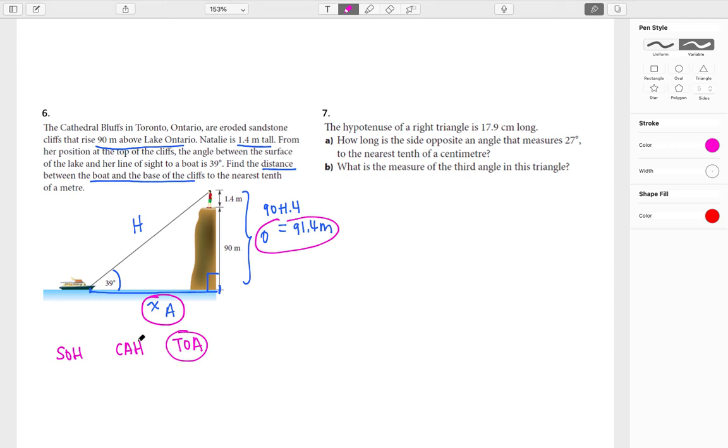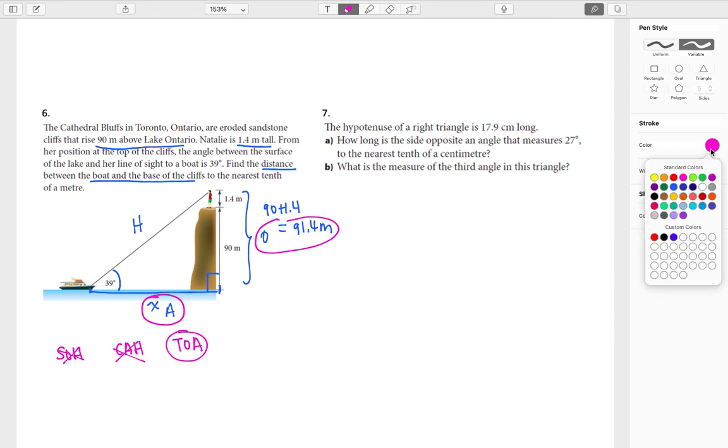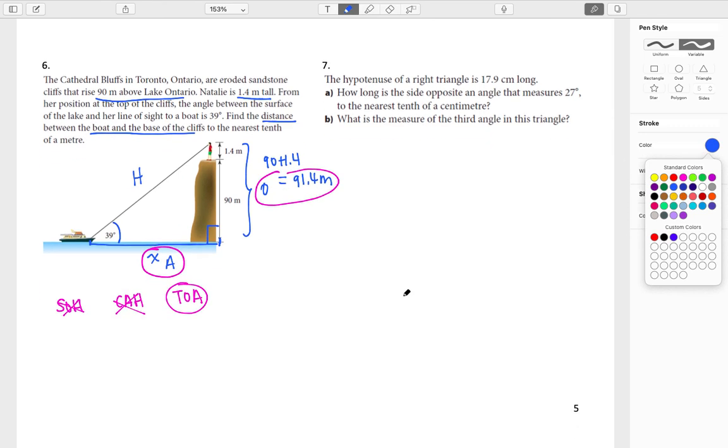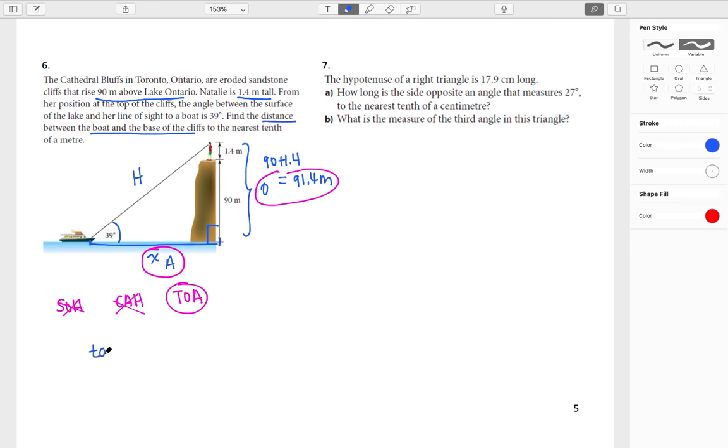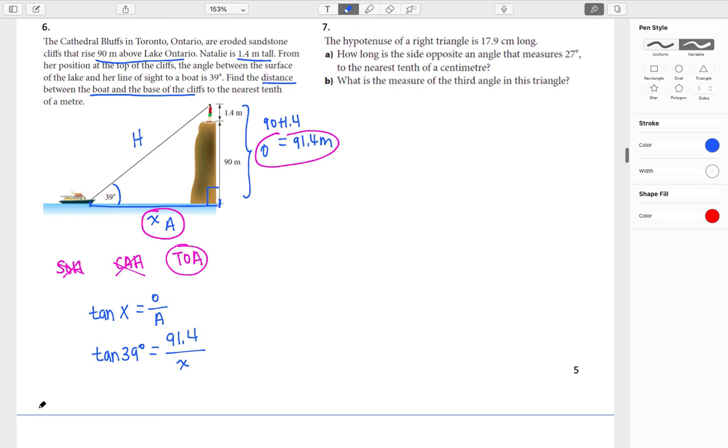TOA, right? It contains O and A. So the rest of it is out of the picture. So let's plug it in. Tangent x is equal to opposite over adjacent. So tangent 39 degrees is opposite, which is 91.4, divided by adjacent, which is x.